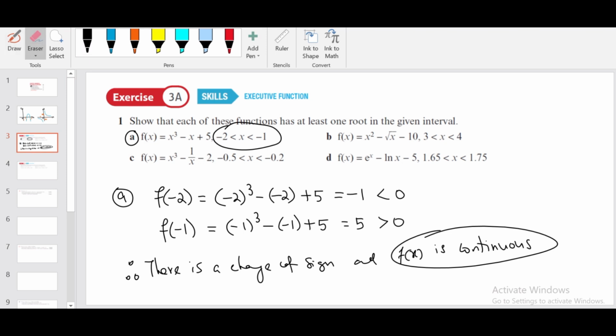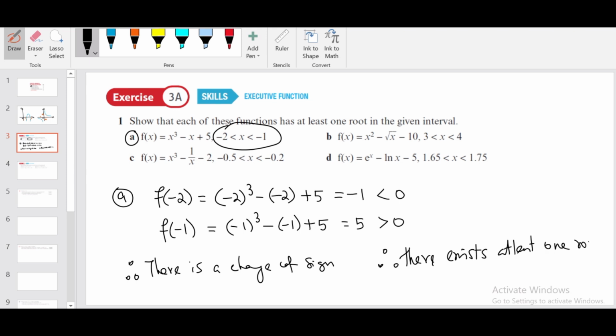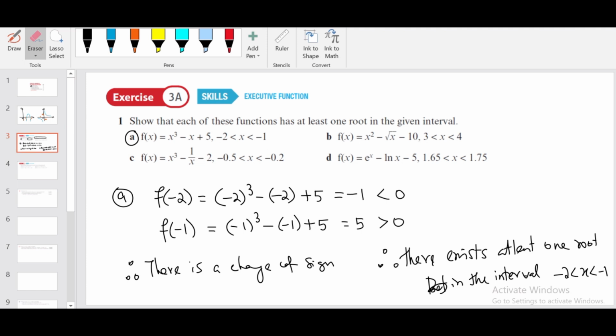So probably we can just leave it. There is a change of sign, therefore there exists at least one root in the interval -2 to -1. Understand? That's the change of sign rule.